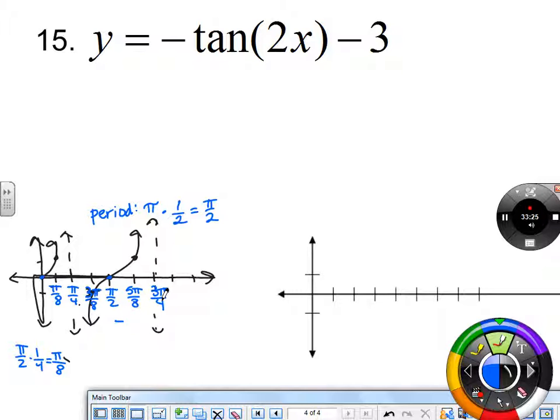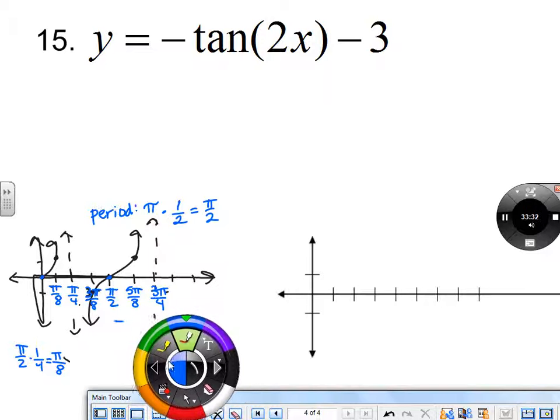So now, what are the other transformations that have to take place? Okay, a vertical reflection, and what else? A shift down 3. That means instead of my 0 points being across at 0, they're going to be across at -3. Okay? So I'm going to want to put some more marks on my graph here, because this is where I now expect those points to be. Again, that's not there because it's an asymptote.